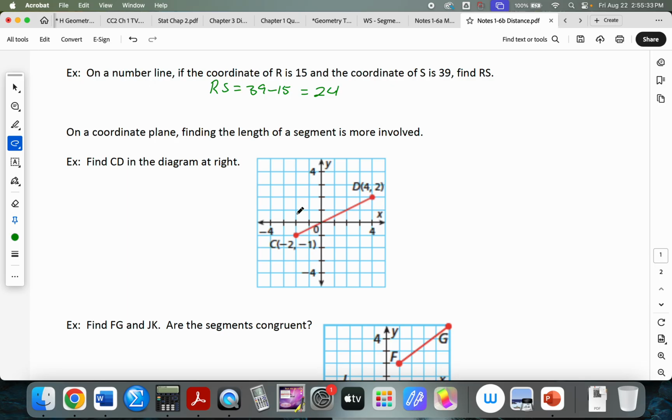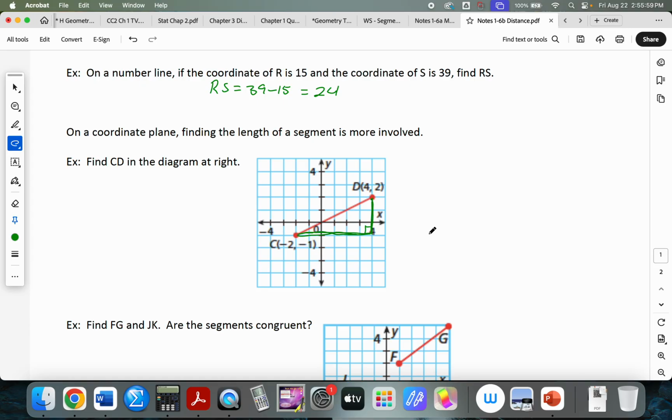You can do it above or below. I almost always do it below just because that's my habit. There's nothing wrong with doing it above. So what I'm going to do is draw over from this point to here and down from this point to there so that I have a right triangle.